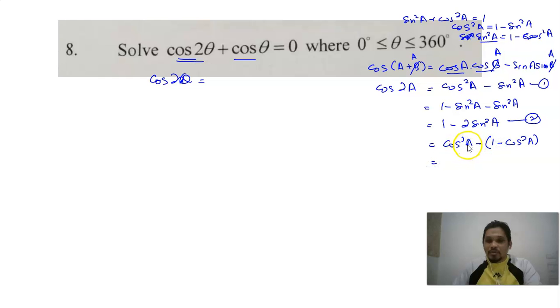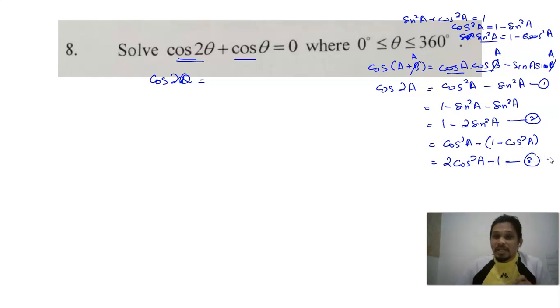So cos square A plus cos square A, 2 cos square A minus 1, equation 3. Okay, actually all these formulas will be given to you during the examination, but I just like to show you how we can elaborate from what we call the double angle formulas here, then we elaborate one by one. Okay, so back to the question.